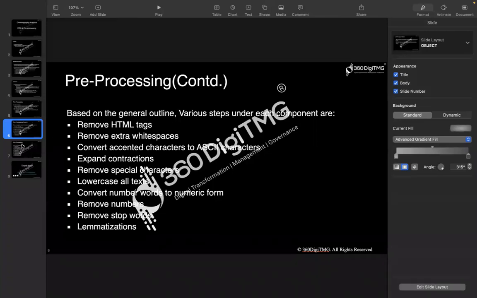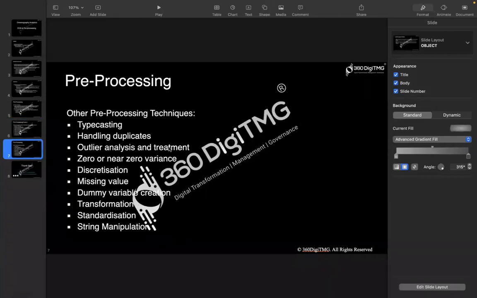Yeah, so this was about the pre-processing. These are some techniques I have explained here.